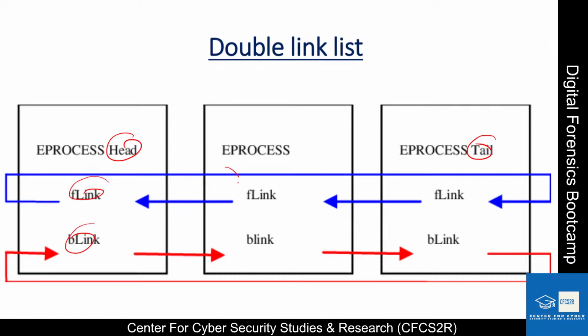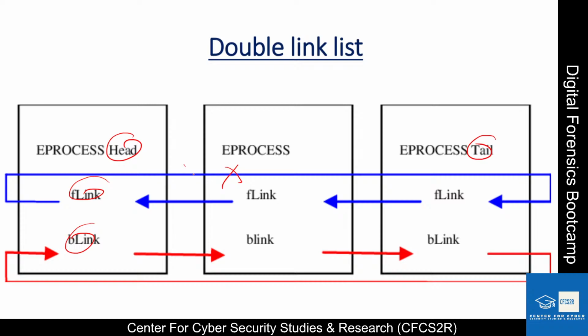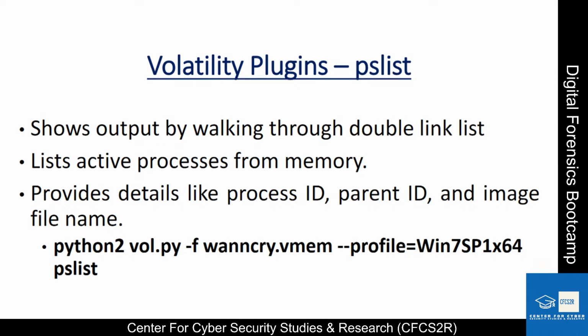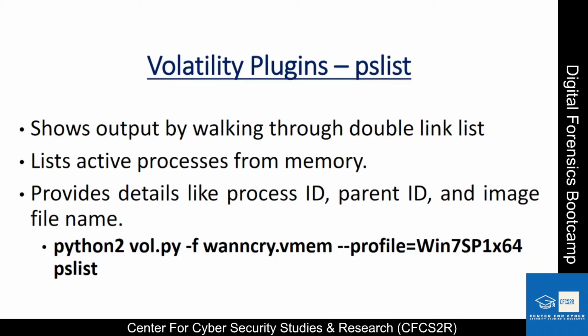In case one link is broken, the process can still be reached through the backlink. But malware sometimes terminates both links, and the system is not able to understand what linked lists are available. So I will put the command here for pslist.